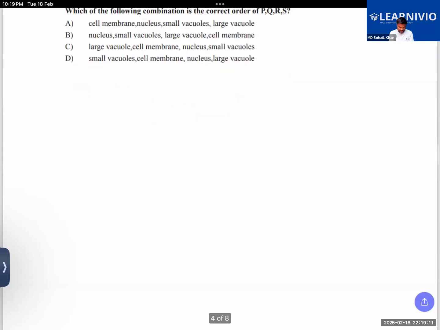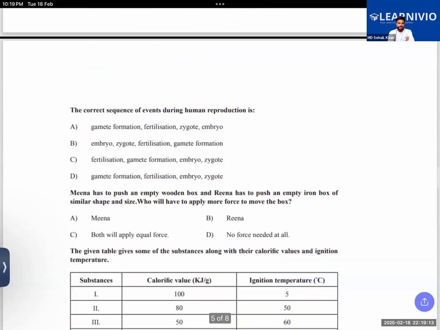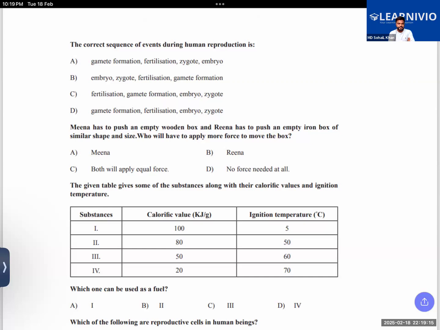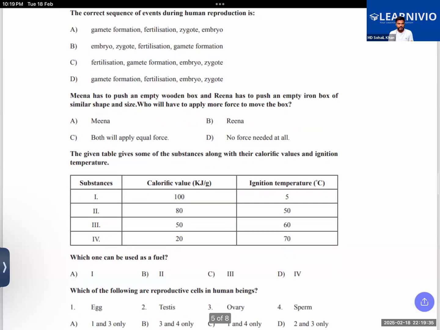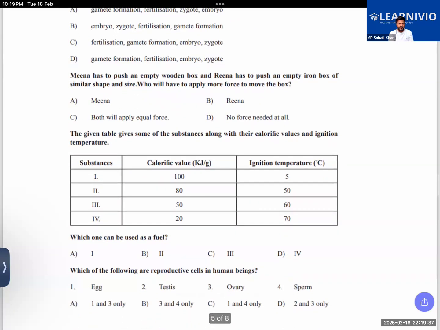Okay, this one you can answer as it is from your syllabus. Yes, the correct sequence: gamete formation, fertilization, zygote. Very good. Force and pressure is not there, no?